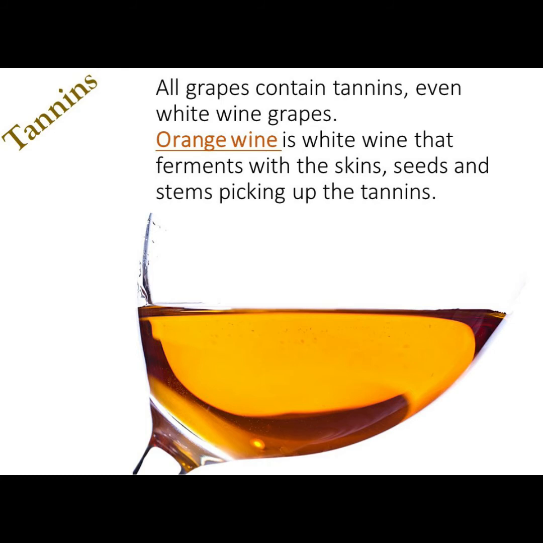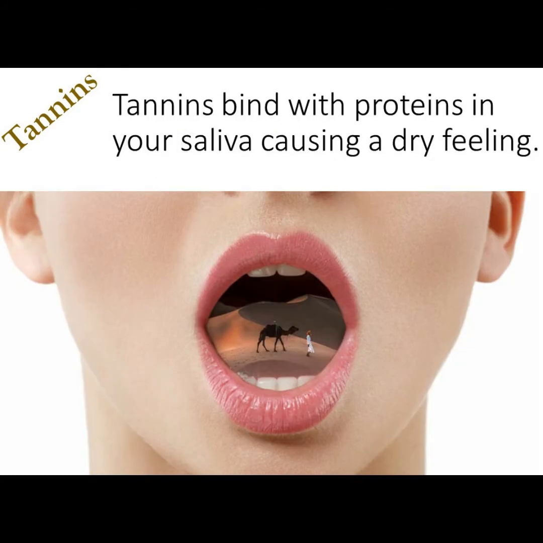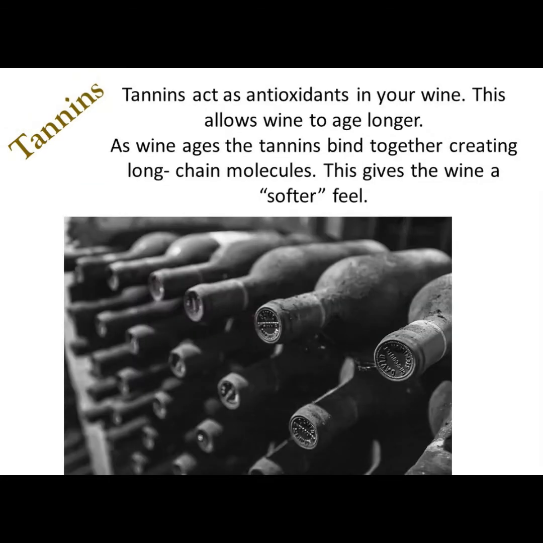White wines typically are made in a way where you minimize the presence of the tannins. In your mouth, tannins will bond with the proteins in your saliva and make your mouth feel dry. As wines age, those very large molecules stick together and fall out of solution and make the wine feel less astringent and softer.